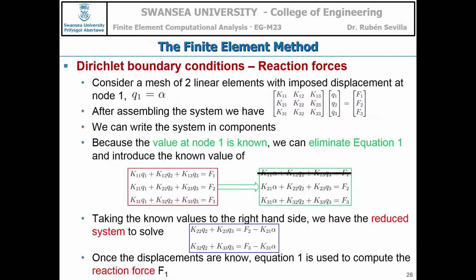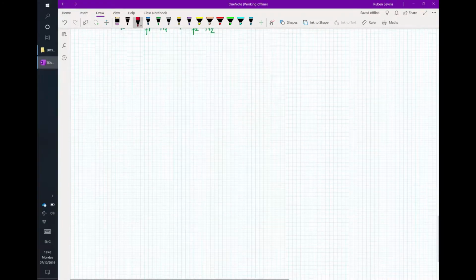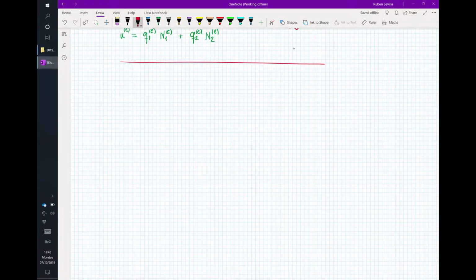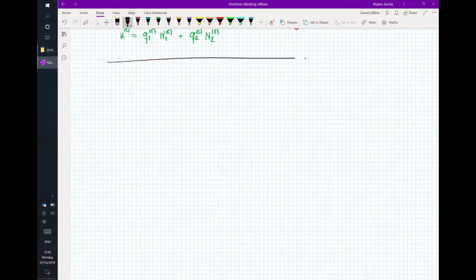And I'm doing it with a particular case so that you can see what is going on. Right. So how do we do the Dirichlet boundary condition?